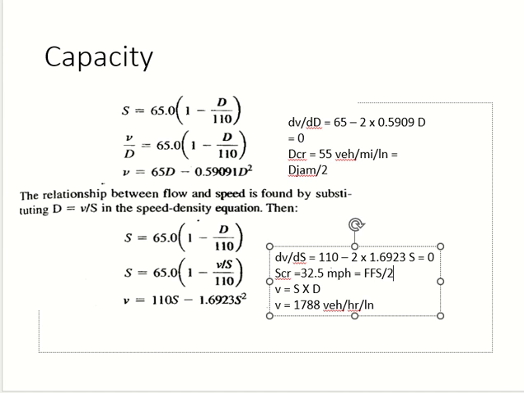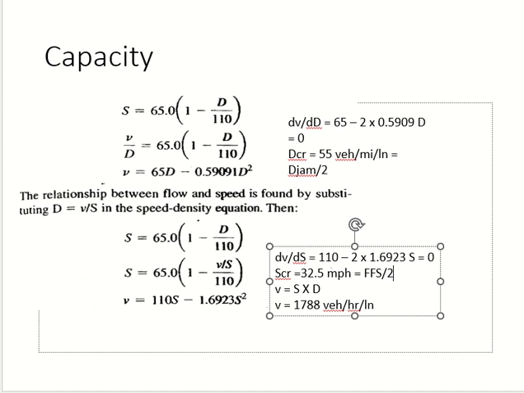All these things will remain the same for any highway. Speed and density, straight line. Flow and density, parabolic. Flow and speed, parabolic. Critical density is half of jam density. Critical speed is half of free flow speed.